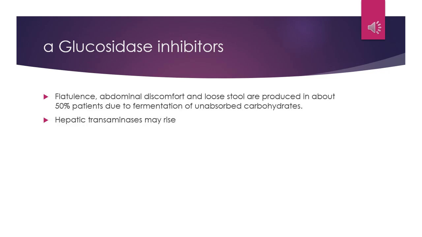The main problem associated with alpha-glucosidase inhibitors is flatulence, abdominal discomfort and loose stool. It is seen in up to 50% of the patients. Because there are unabsorbed complex carbohydrates in our gut, they undergo fermentation leading to these problems. In some cases, rise of hepatic transaminase is also reported.